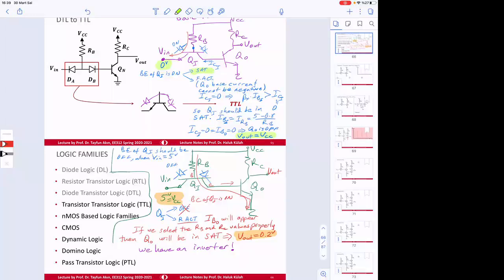And if that is in SAT, QO is off. Therefore, output is VCC. If the input is 5 volts, QI is reverse active. And then this is going to be reverse active. And this is going to be in SAT. And therefore, output is going to be 0.2 volts.